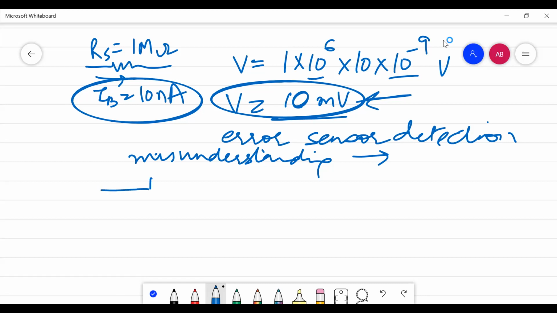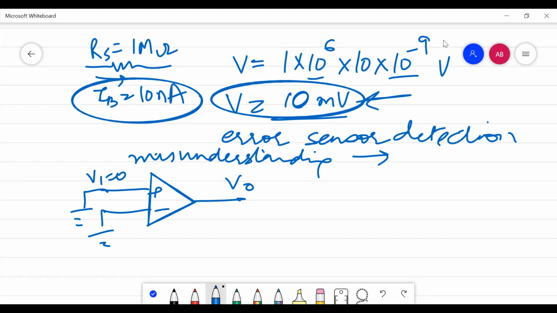Now we come on to your input offset voltage. Basically, if both these terminals, positive and negative, are not applied with any input, there is no input, V1 is equal to 0 and V2 is also equal to 0. Ideally, output should be equal to 0. But because of the fabrication errors in the two transistors, there is some output voltage.